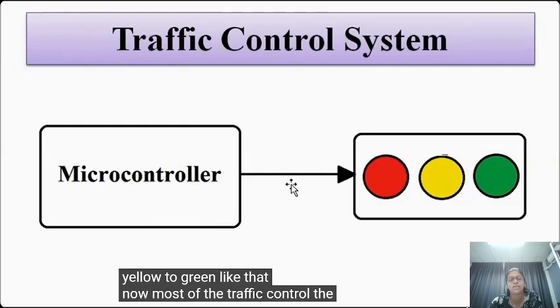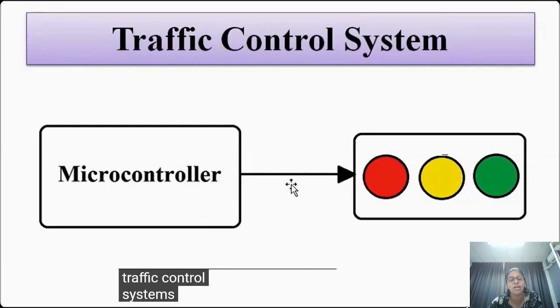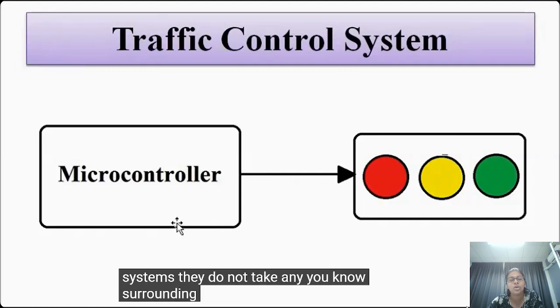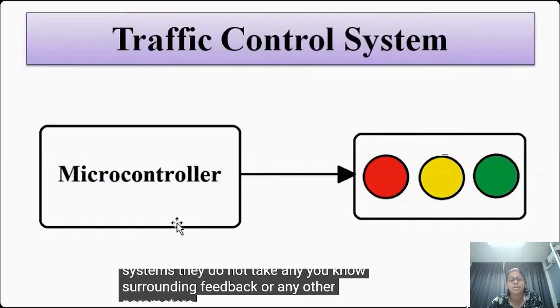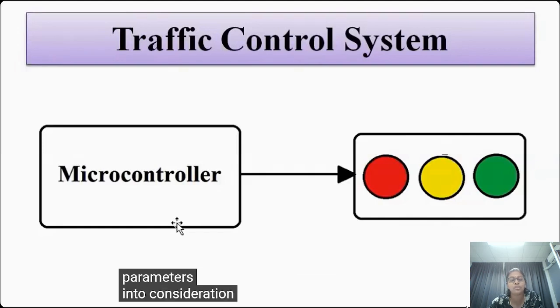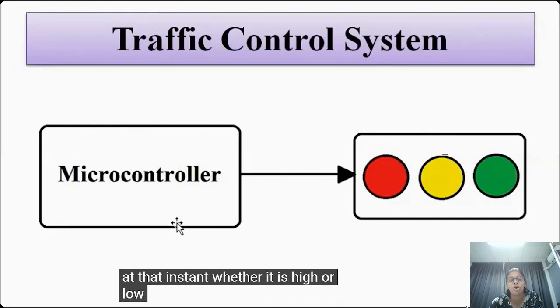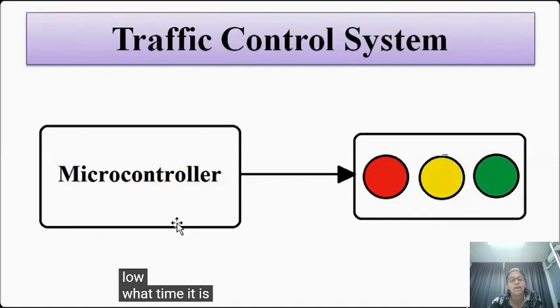Now, most traffic control systems do not take any surrounding feedback or other parameters into consideration, such as what the volume of the traffic is at that instant, whether it is high or low, or what time it is.